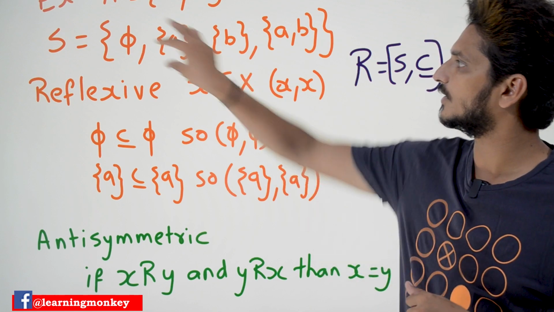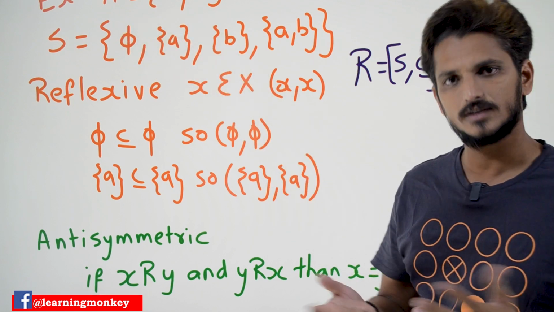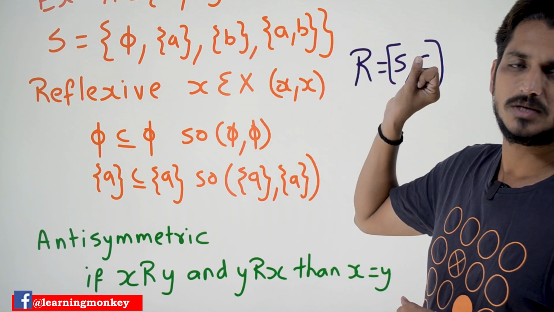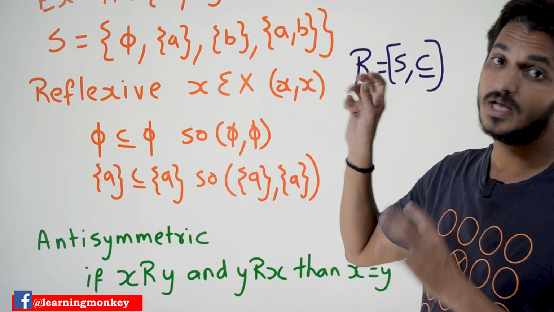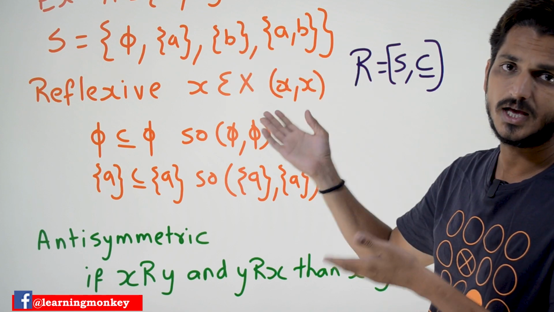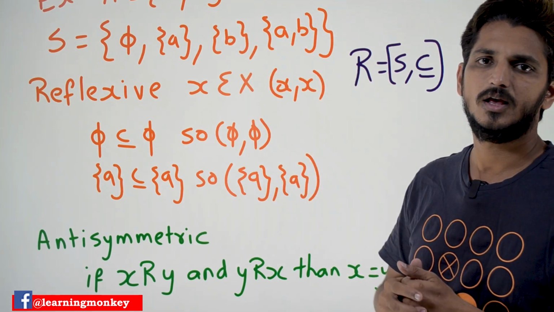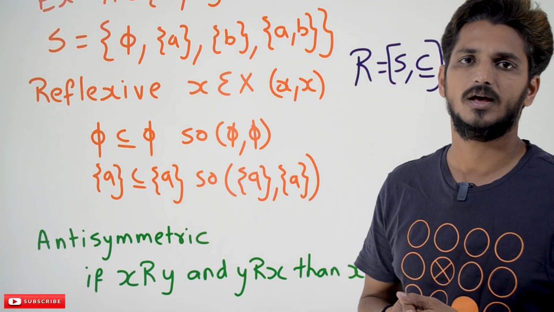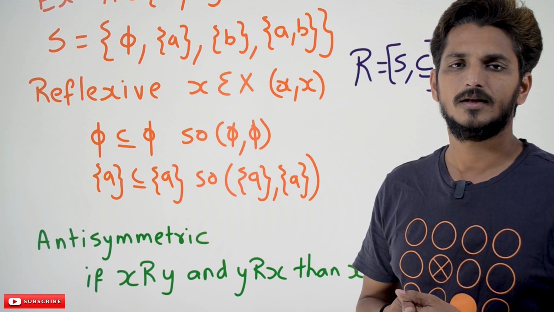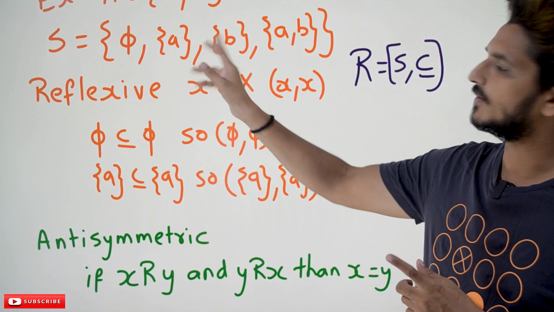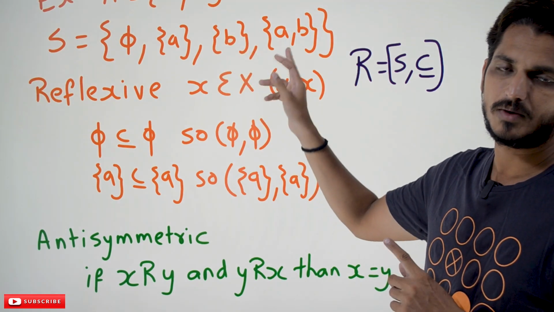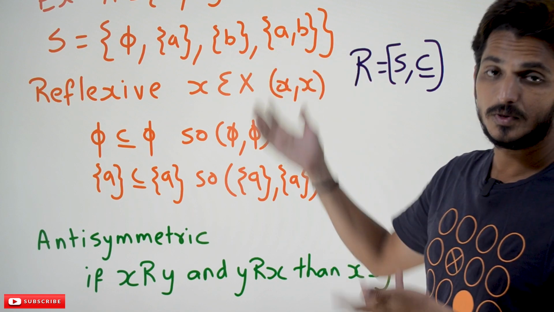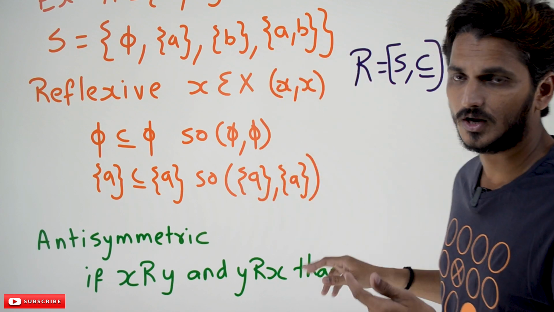Take any x value from this set: phi is a subset of phi, A is a subset of A, B is a subset of B, AB is a subset of AB. So you take any element, and you get (x, x) belonging to our relation. So we call our relation a reflexive relation. The ordered pairs (phi, phi), (A, A), (B, B), (AB, AB) all belong to our relation.